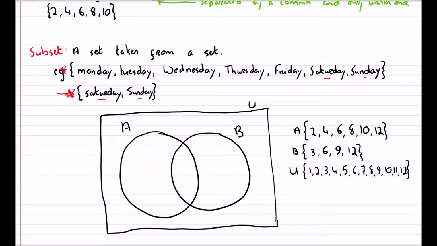So if every element of the Saturday and Sunday set is also in this set, then I can say this set is a subset of this set.